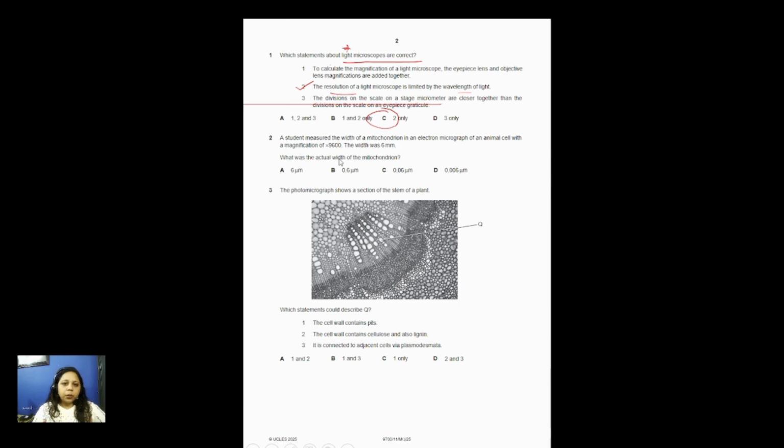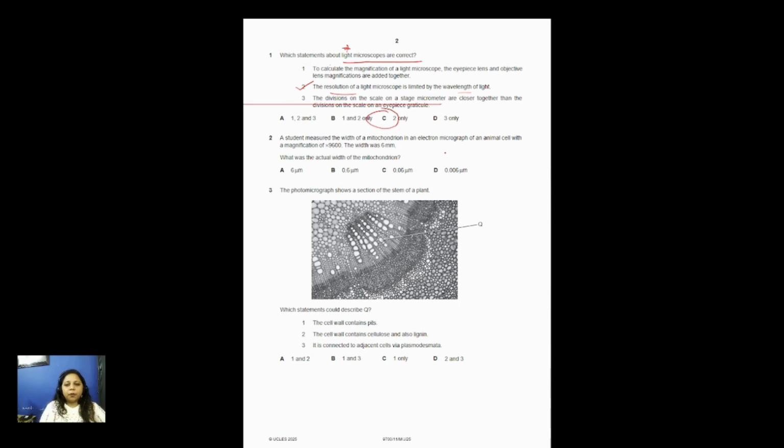Number 2, a student measured the width of a mitochondrion in an electron micrograph of an animal cell with the magnification shown. The width was this, and what is the actual size? Let's just use the formula.